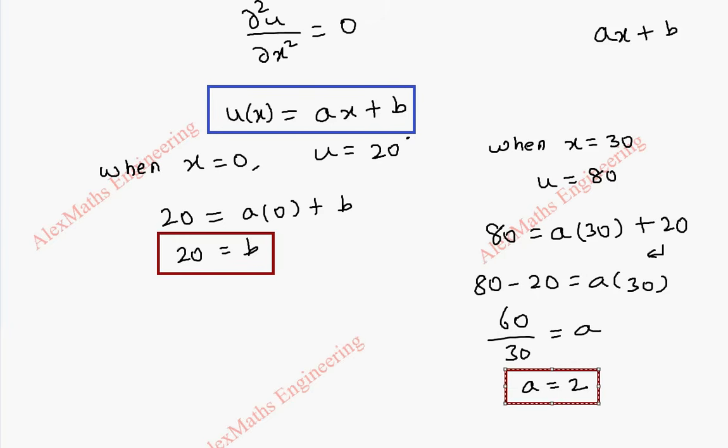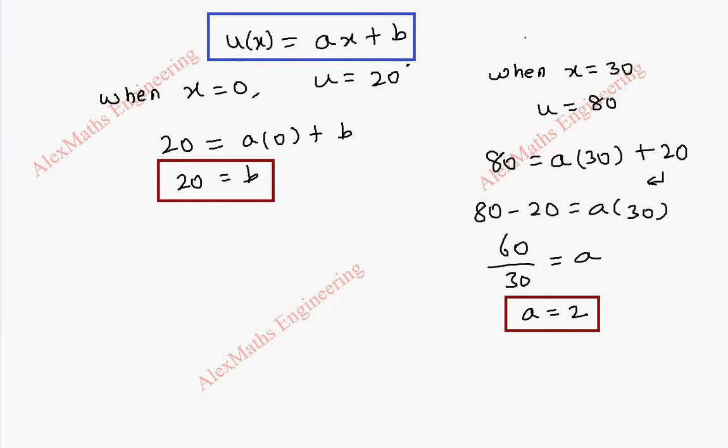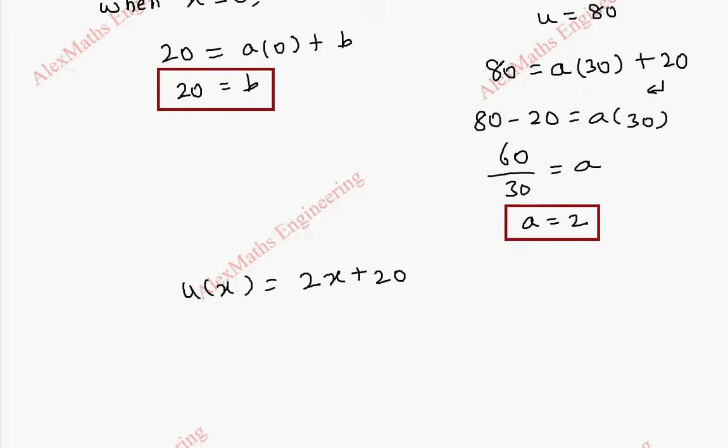Now we get the solution u of x as ax plus b. We are going to replace a and b. So u of x is 2x plus 20. Now we are going to write the initial conditions. U of 0 comma t will be 0 for all t greater than or equal to 0.